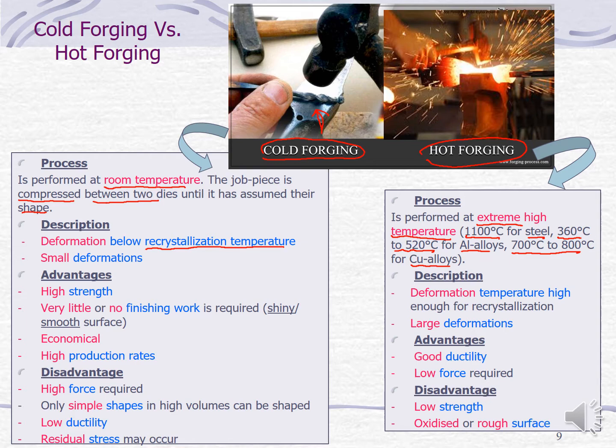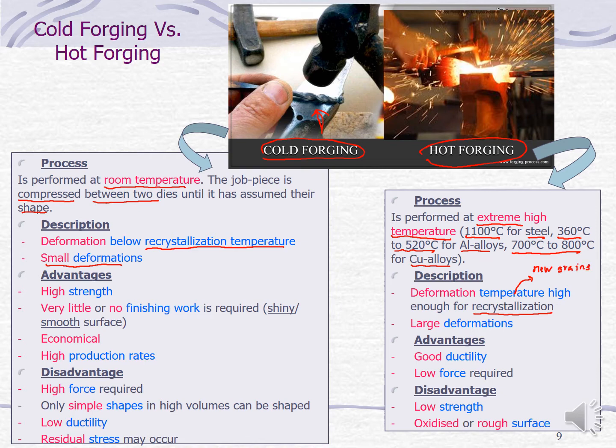And the deformation is small. For this hot forging, the deformation temperature is high enough for the recrystallization to occur. From this recrystallization, it will form new grains.